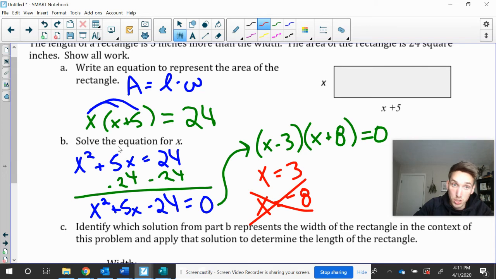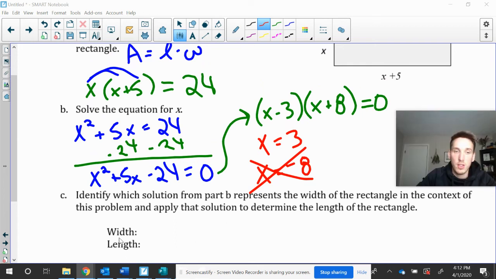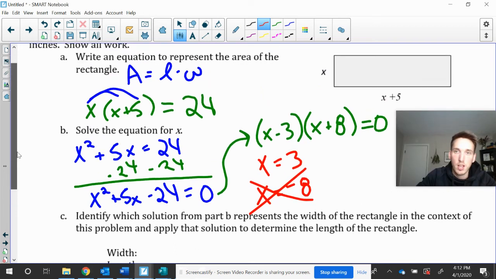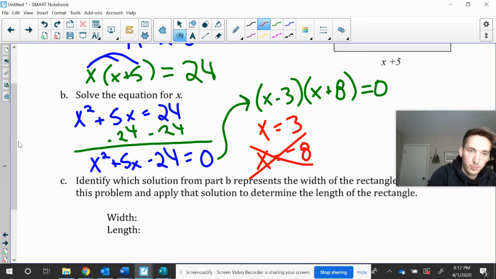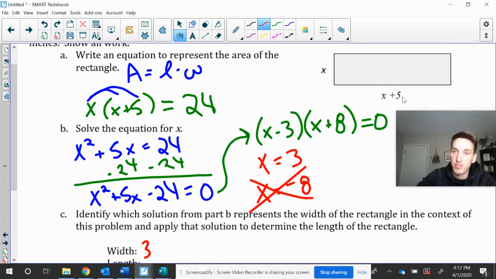It is our solution to the quadratic. But this part is now asking, what is the width and the length? Well, the width is x, and if x is 3, then what are we going to write for the width? We're going to write 3. In this case, the length is x plus 5.